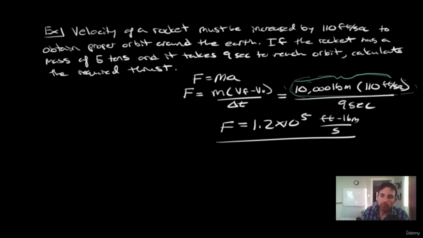So we know the change in momentum over time, and now we have the force. So that's cool, huh? Rocket science in physics class, that's got to be cool. All right, so now we're going to go over the conservation of momentum.